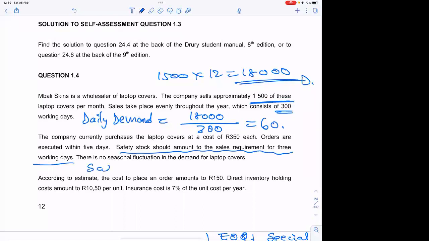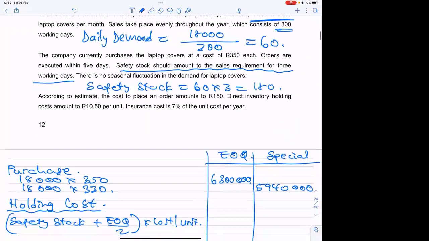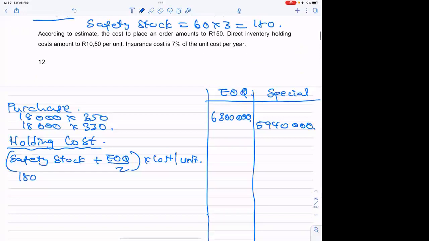So our safety stock will be equal to 60 multiplied by 3, which gives us 180. Do we follow how we calculate our safety stock? Right, so we can say 180 plus our economic order quantity.